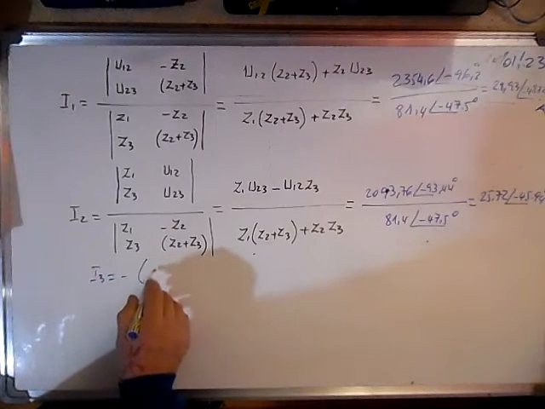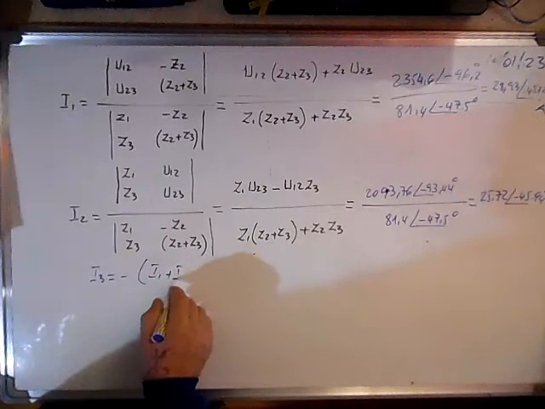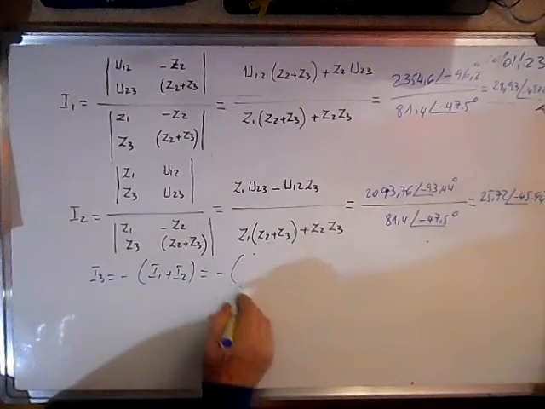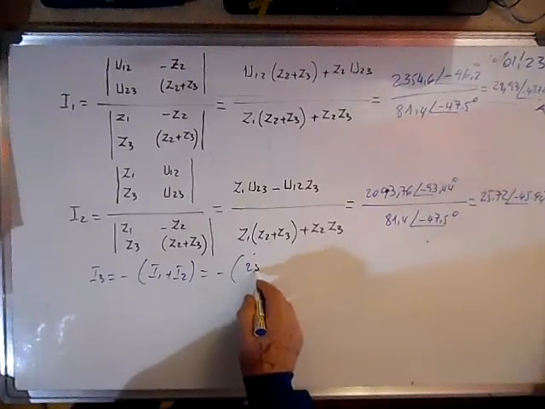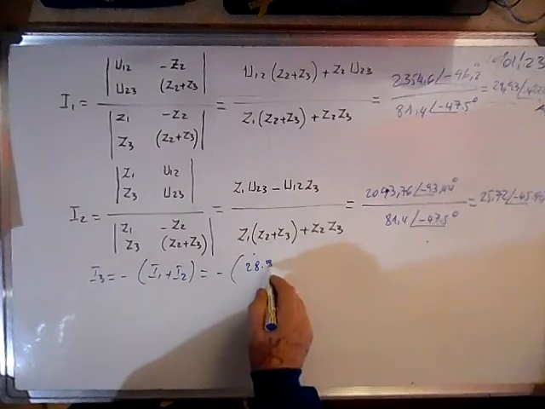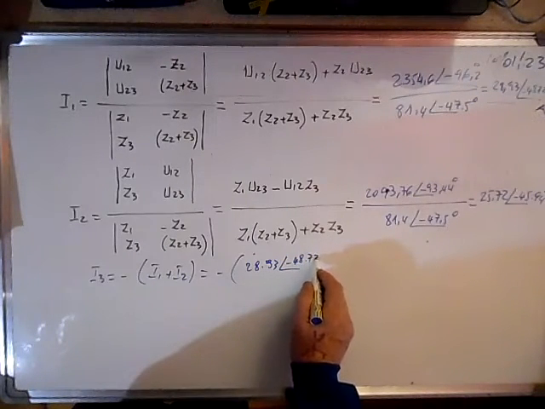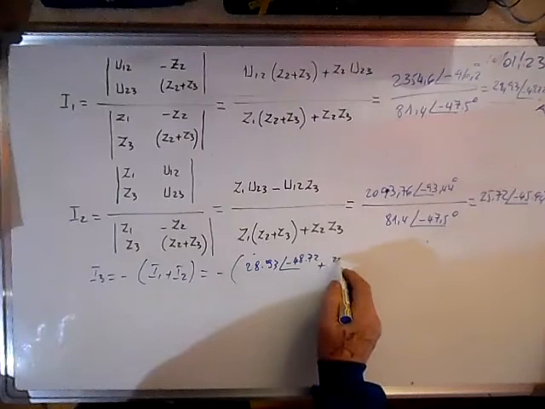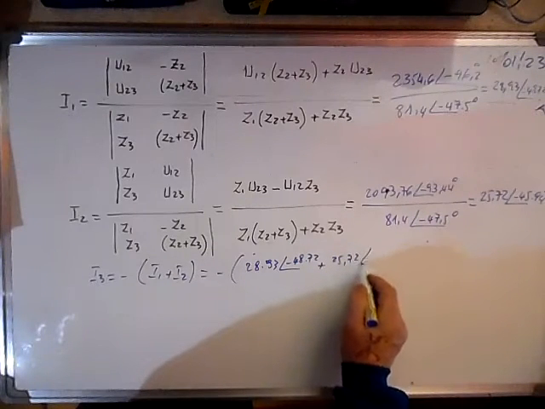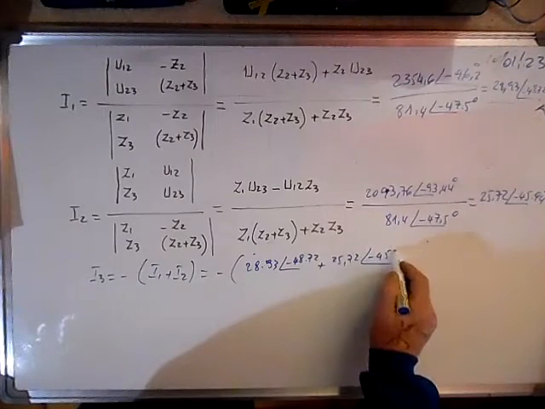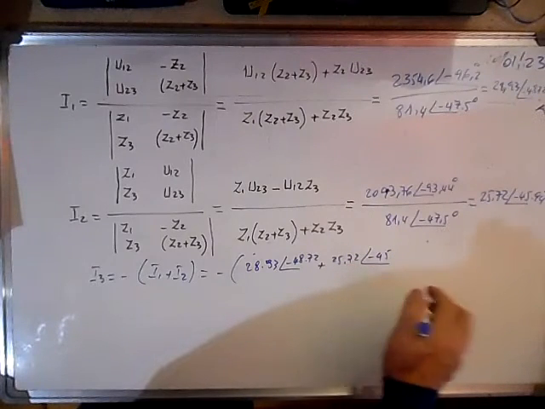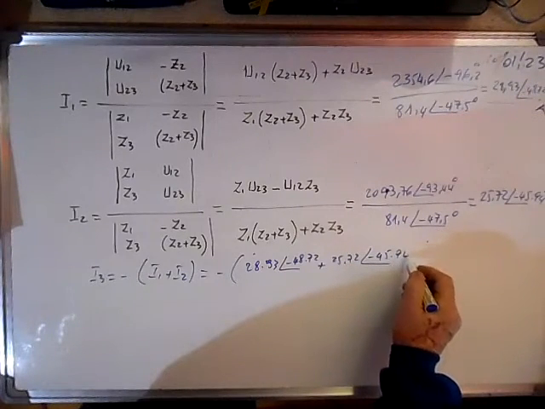I3 is minus I1 plus I2, which is equal to minus 28.93 at minus 48.72 plus 25.72 at minus 45.94.